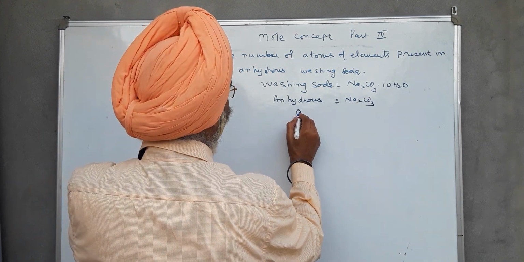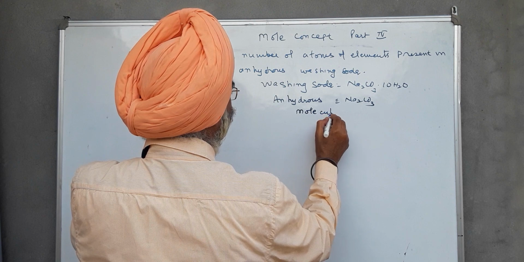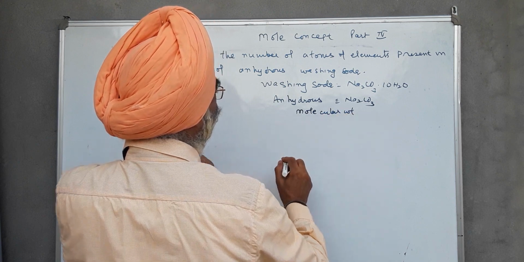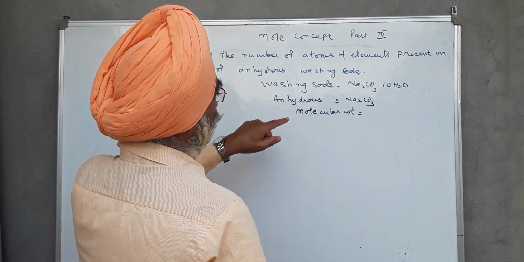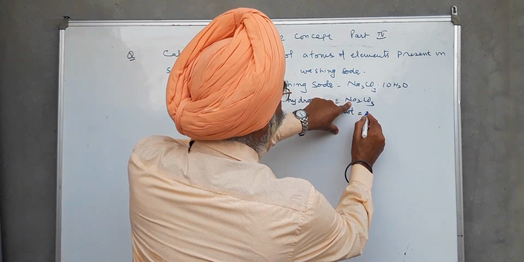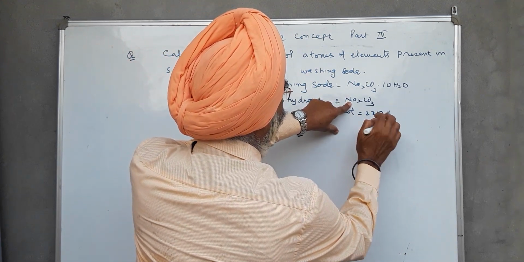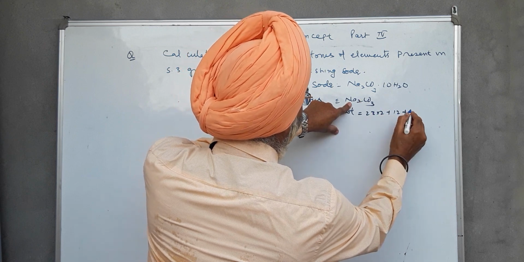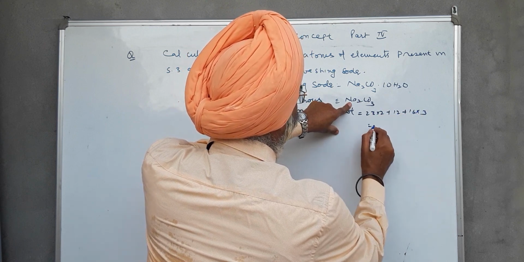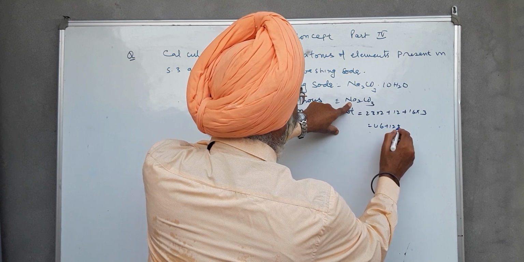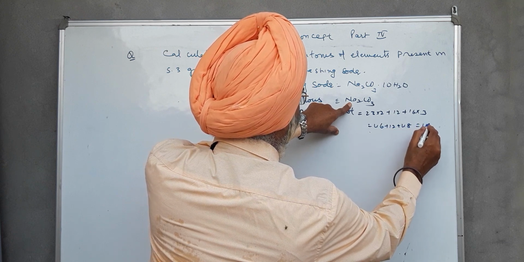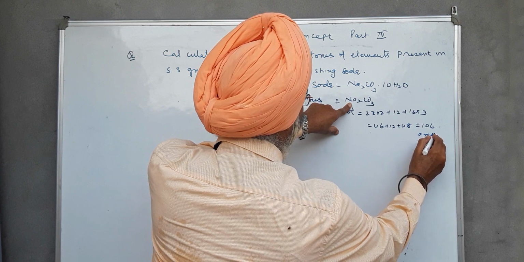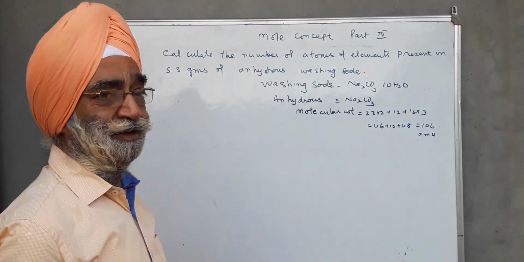Its molecular weight: 23 into 2 plus carbon 12 plus 16 into 3, that is 46 plus 12 plus 48, and this is 106 atomic mass units.